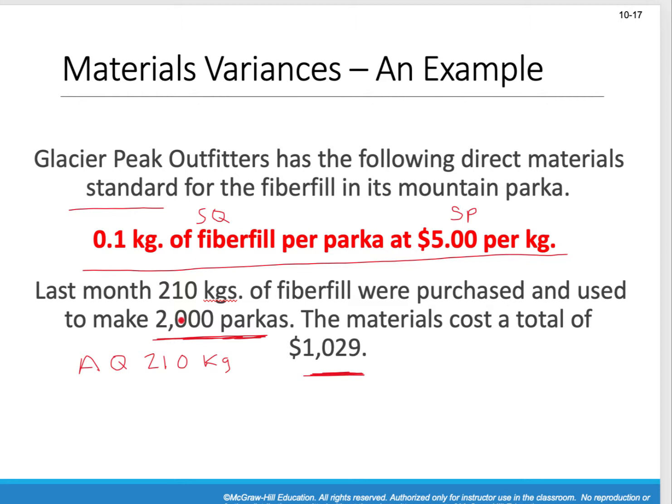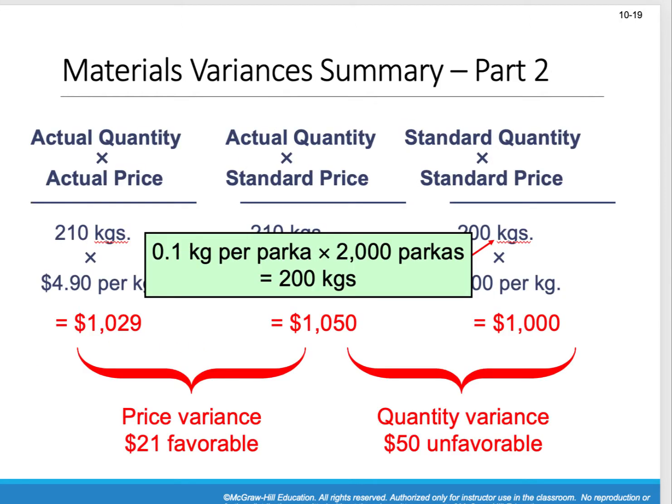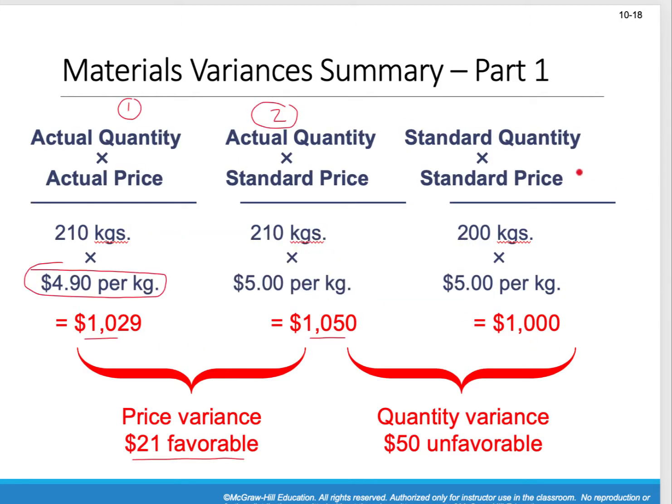So if you multiply 0.01 times 2,000, you should get 200, which is what we got here, 200 kilograms. So that's the standard quantity we should have used, but we actually used 210.